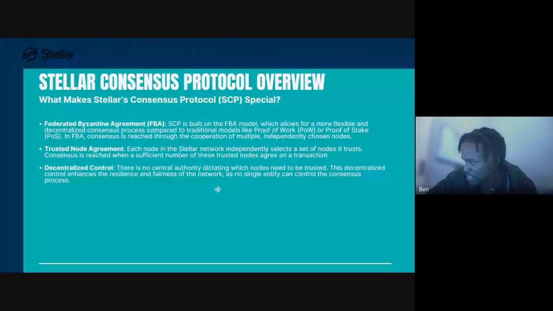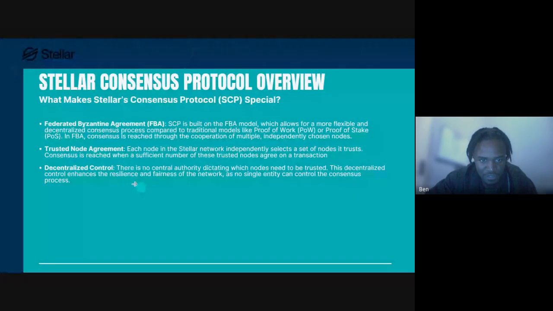So you can also imagine that this helps with efficiency and speed. Let's say we have 50 quorum sets. Each of those 50 quorum sets has, let's say, five nodes each. So it's 250 nodes in total.